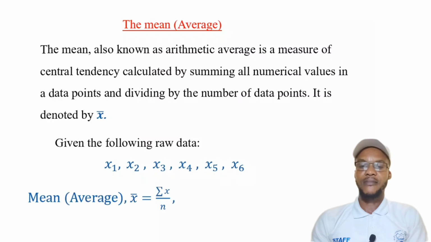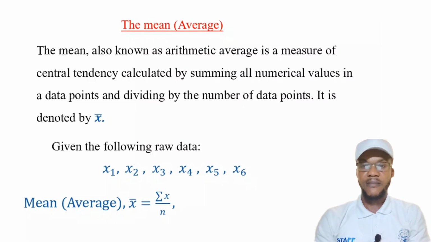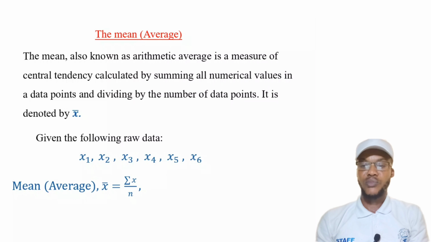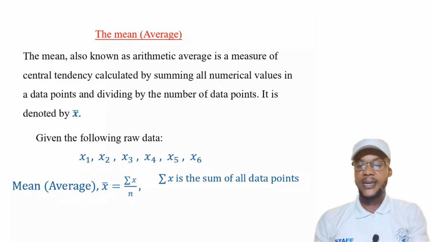So know this formula. When we talk of sigma x, we mean the sum. In mathematics, when you see that symbol, sigma, it means sum, you are adding all of them. So it's the sum of all data points, where n is the number of data points.